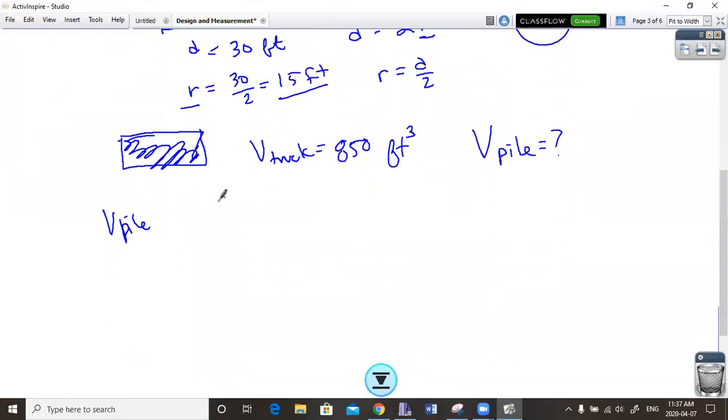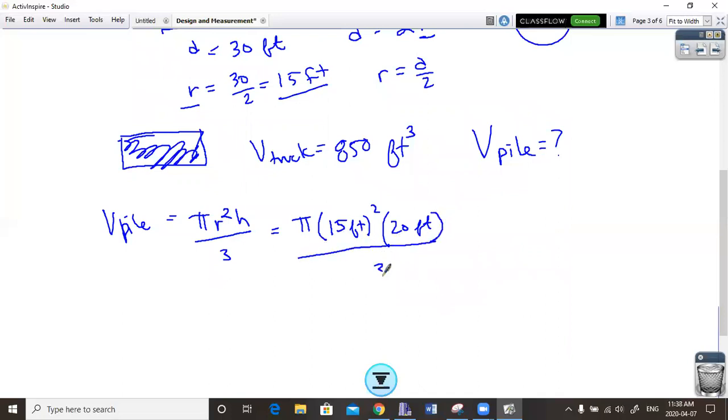So the volume of the pile will be pi r squared h divided by 3. We'll leave pi as pi. R is 15 feet, so 15 feet squared times the height, which was 20 feet, and then we'll divide that by 3.